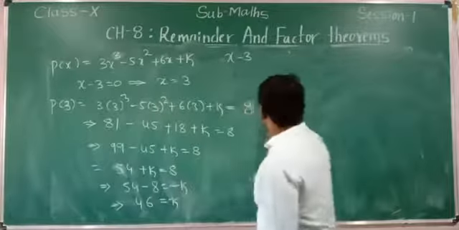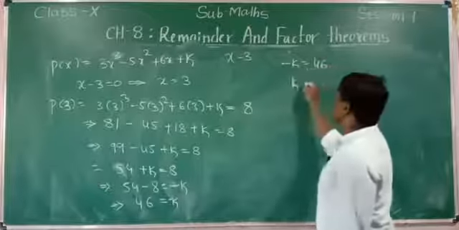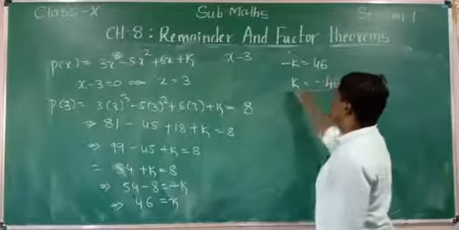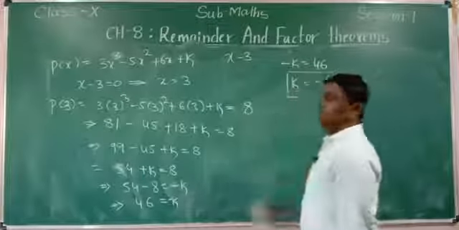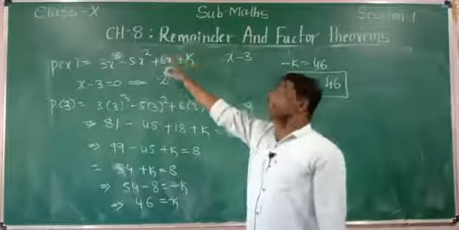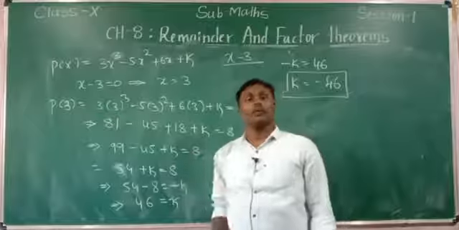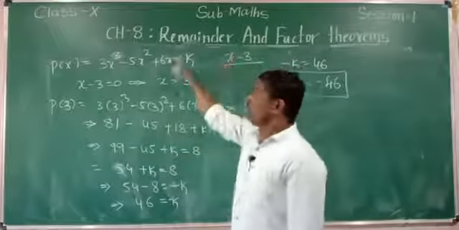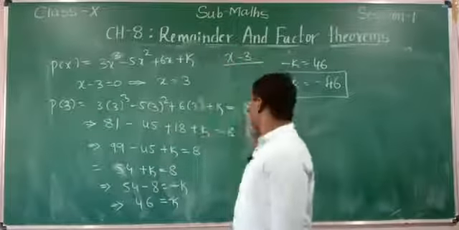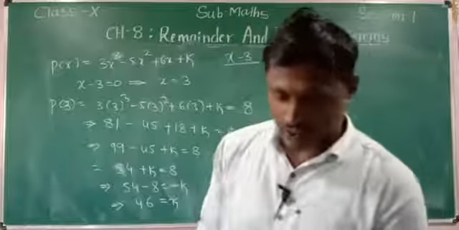The k value. So minus k is equal to 46, but k is equal to minus 46. So we need to add minus 46 to the whole expression, then only x minus 3 is a factor of the given expression, and it leaves the remainder as 8. Okay, see the next question.